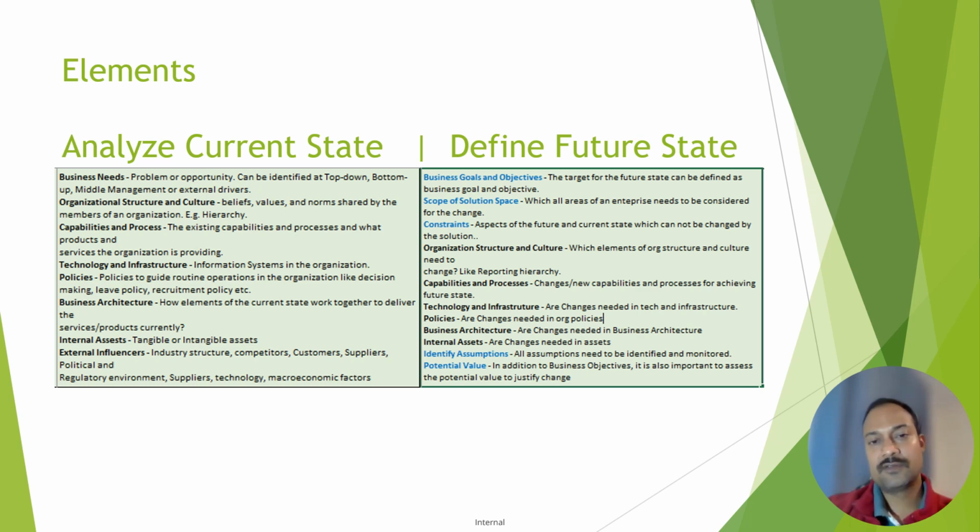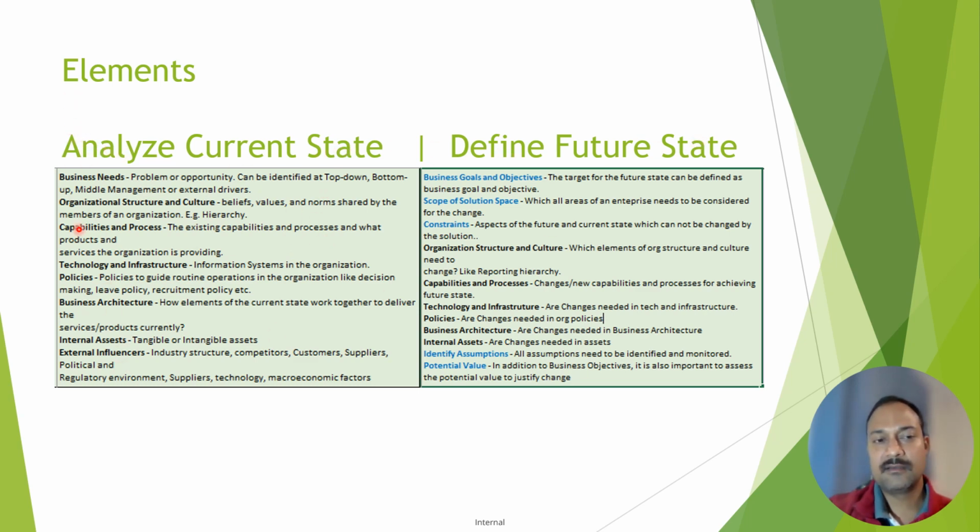Now, so far, analyze current state. There's a very good way to memorize or relate things: when you have a comparison chart, you are able to relate and memorize things easily. So here is a chart for you: analyze current state and define future state.